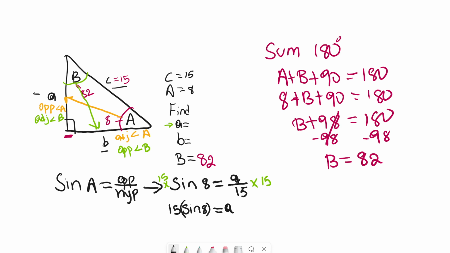So if you're typing it in, it's going to be 15 times, you have your multiplication sign, and you'll just type sine, and you should see a sine on your calculator, 8. Okay? And when you do this, you should get 2.087. But if you were to round up, it would be 2.088.